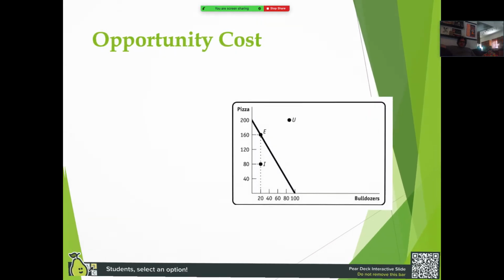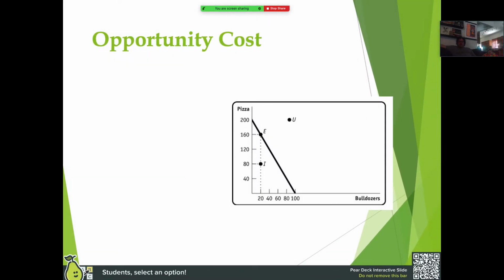And then, let's look at opportunity cost. Don't worry about that down there at the bottom. I was messing around and I couldn't figure it out, so don't worry about it. What's the opportunity cost of producing the first 20 bulldozers? If you're making 0 bulldozers, you're making 200 pizzas.